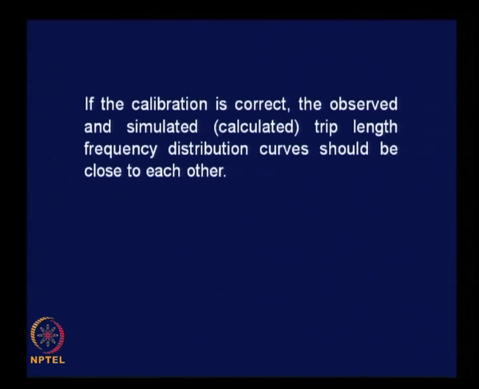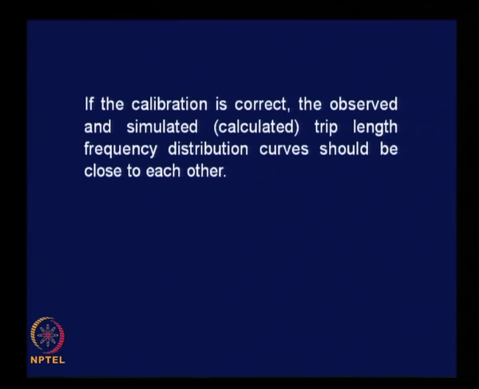When you plot the number of trips falling in each range against the ranges, you get trip length frequency distribution curves, clear. Now, you draw the curves, and if the calibration is correct, the observed and the simulated curves, calculated using the gravity model, should be close to each other.